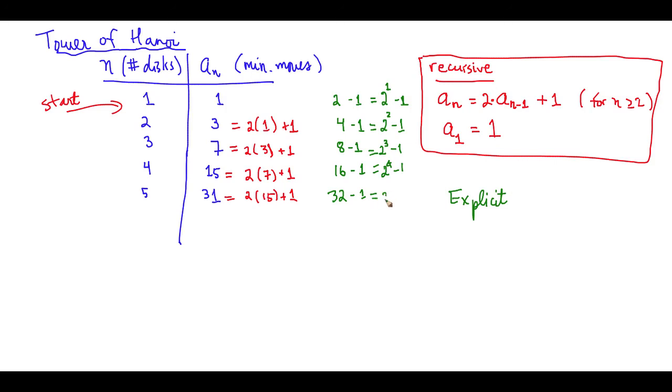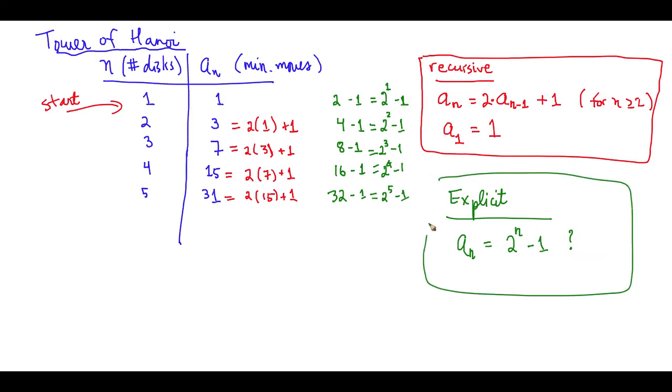And of course, 32 is 2 to the 5th, and we have minus 1 here. So the explicit formula looks like a sub n is equal to 2 to the nth minus 1. And I'm going to put a question mark here because we haven't quite proven this yet.